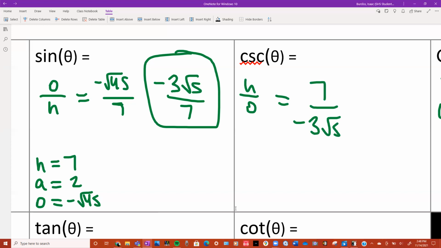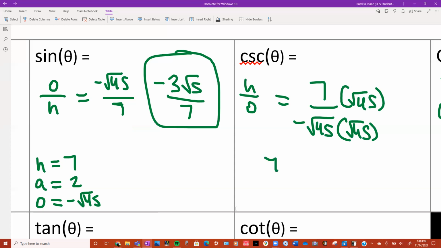We can't have a radical in the denominator. We can just change this back to 45 for now, because remember, that's what we already got right here. And remember how to do that is we'll just multiply by square root 45 on the top and bottom. And that would give us 7, and as we would figure out, that would be 3 root 5 times 3 root 5. And that would give us negative 45 on the bottom here.